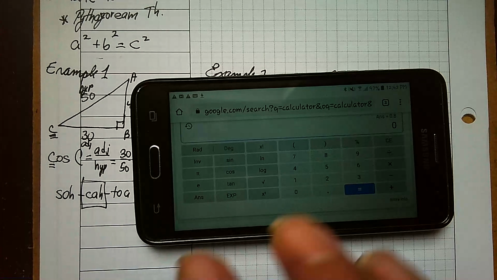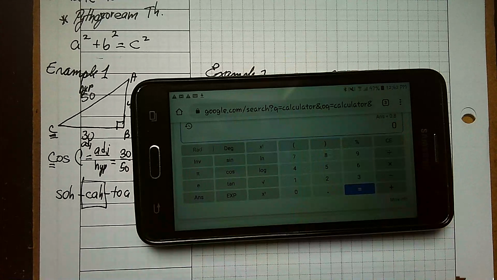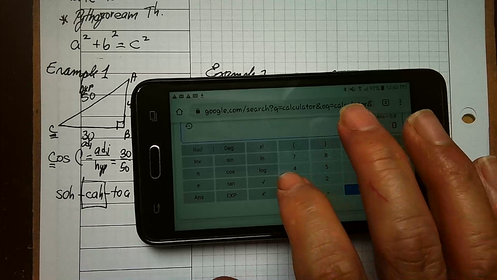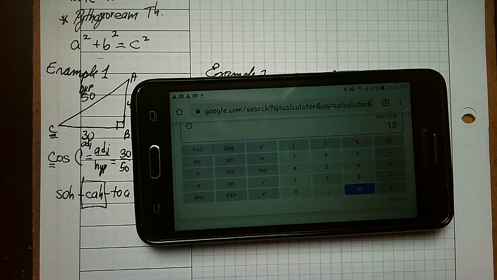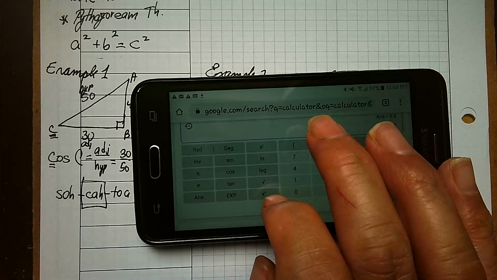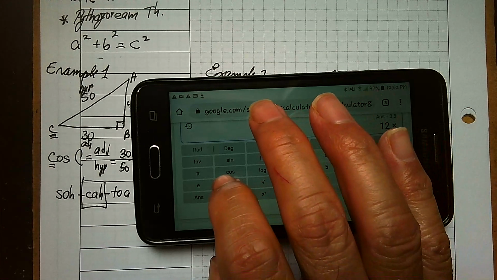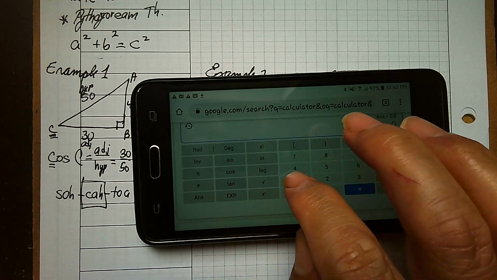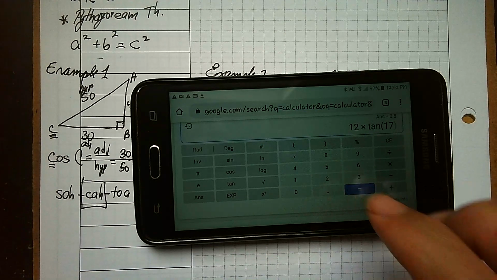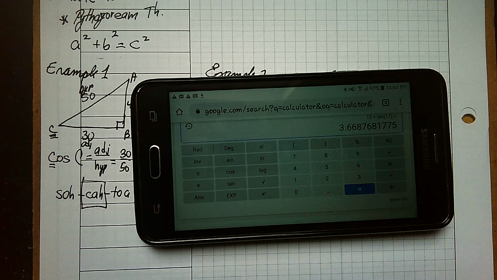So if you click on degrees, then you can change it from radians to degrees. Now you're going to do 12 multiplied by the tangent of 17 degrees, equals, and the answer will be 3.666.